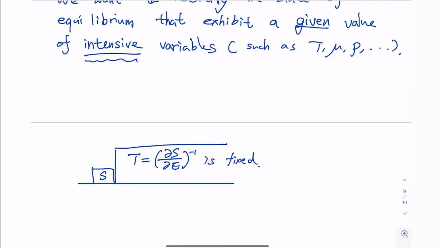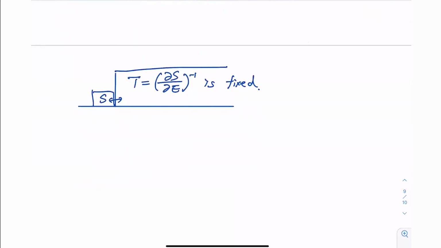The system can, of course, exchange energy with our heat bath. But you can also change the property of your heat bath by saying that the heat bath is used to fix a specific value of the pressure. That's also possible.